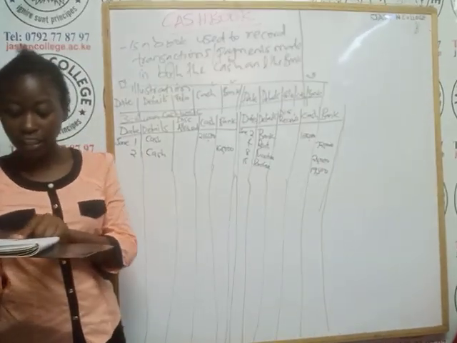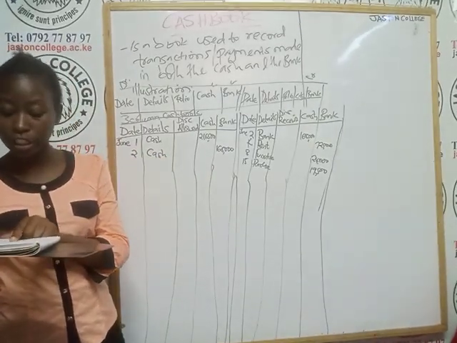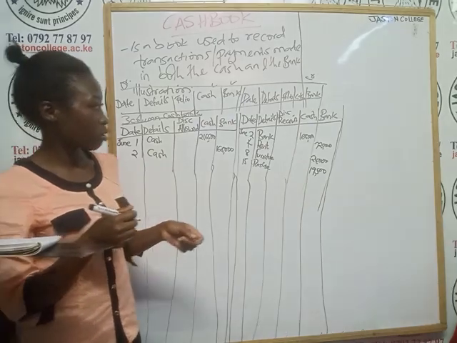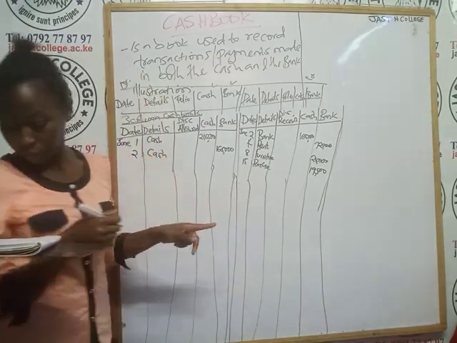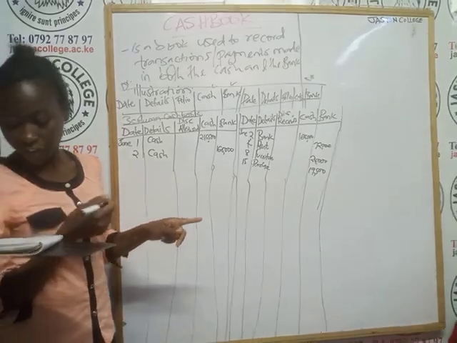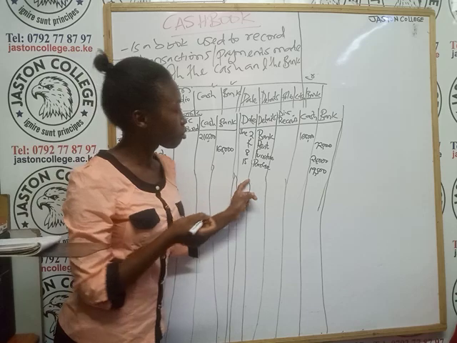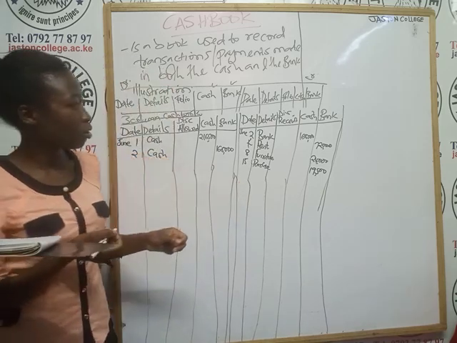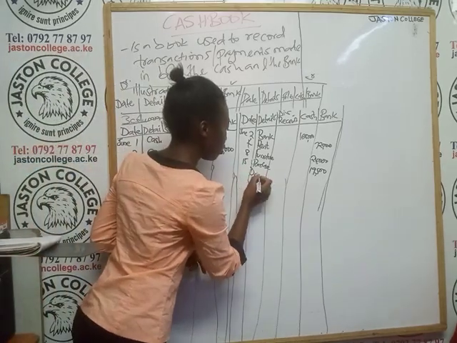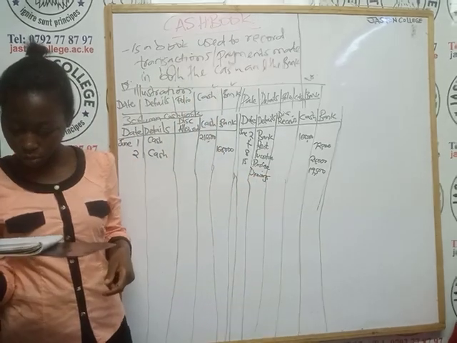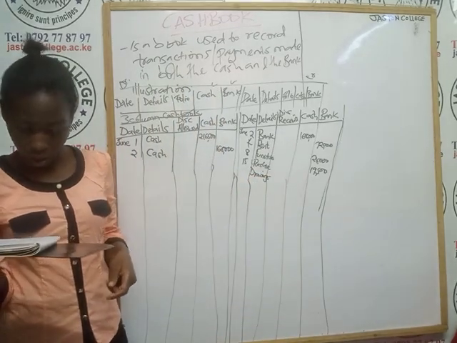Then on 18th, he withdrew 3,500 from the bank for office use. So the bank reduced because of the drawings. Which date was that? It was on 18th.